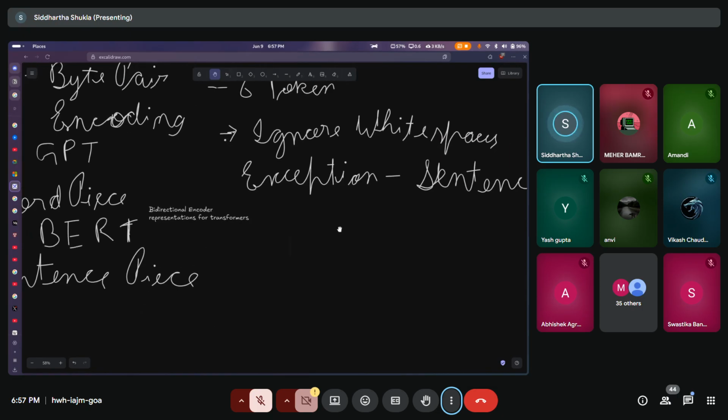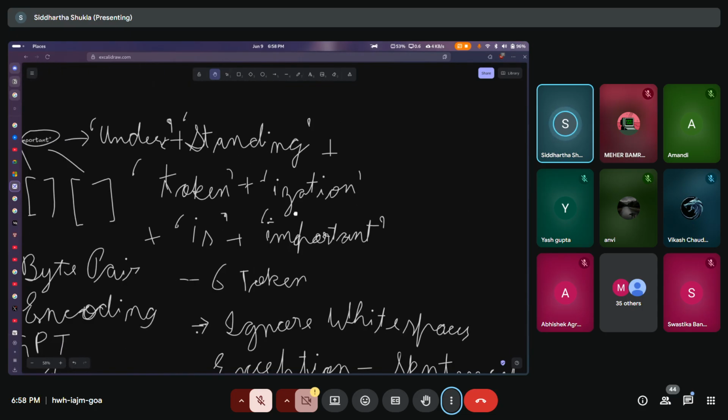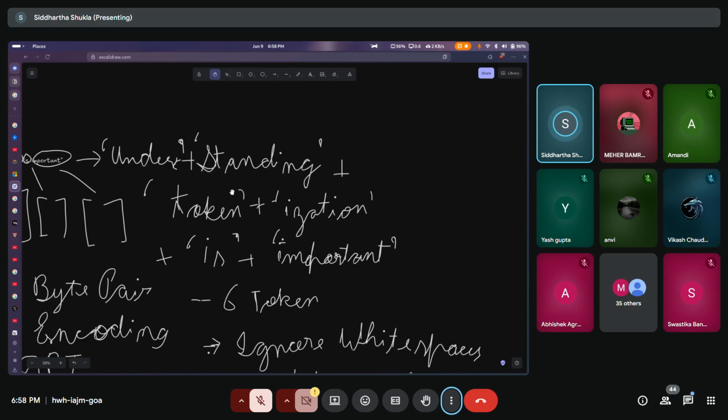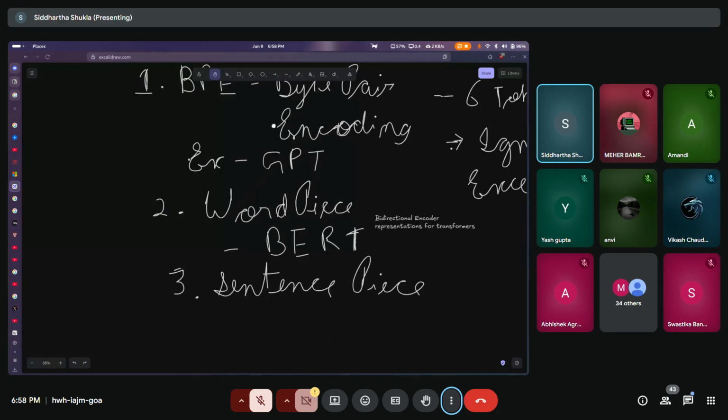Coming back to WordPiece. WordPiece essentially works like how I just split "understanding tokenization is important."